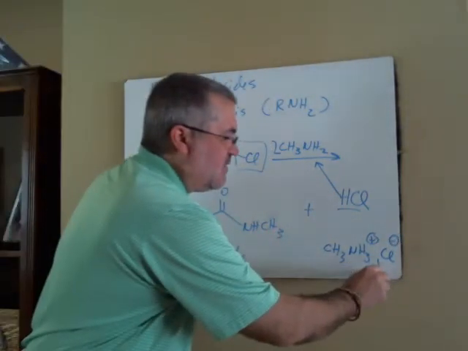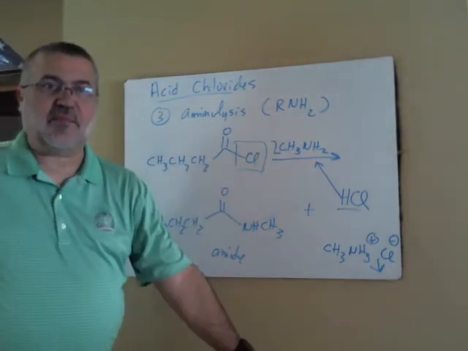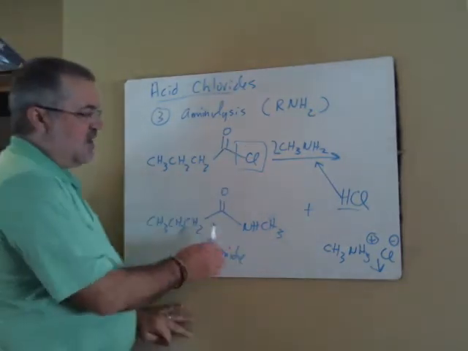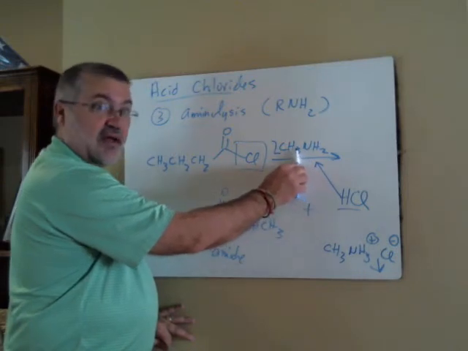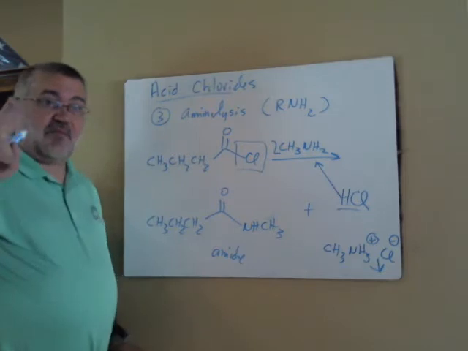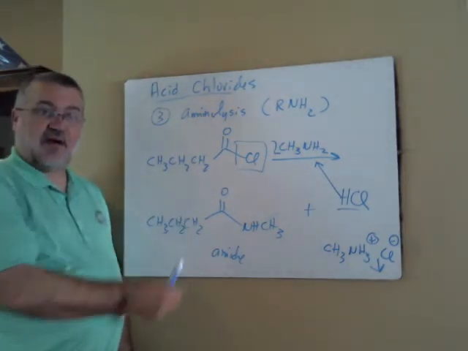This falls out of solution. So what I've done is I've removed a molecule of my amine. So if I continue this process, for every amide molecule I form, I'm also getting rid of a molecule of the amine. And so I'm getting rid of two molecules of amine for every amide I form.